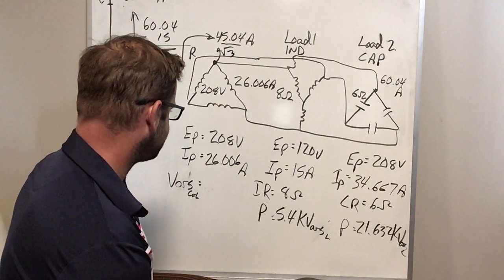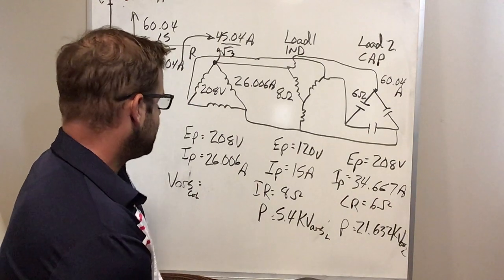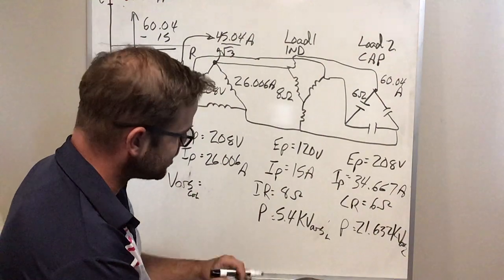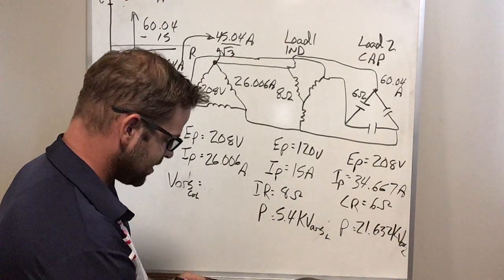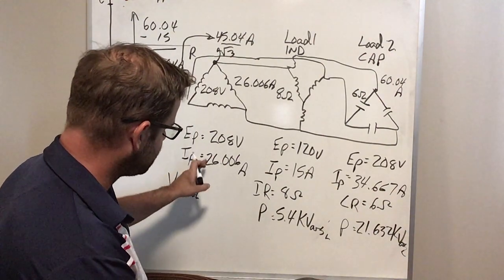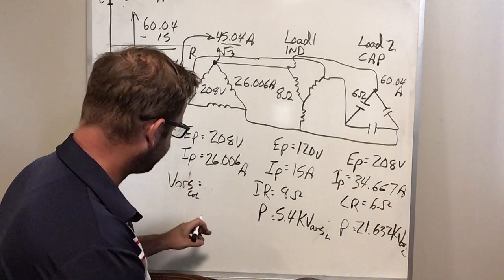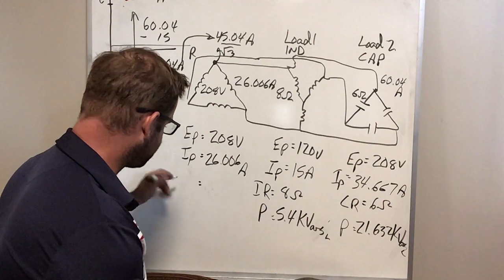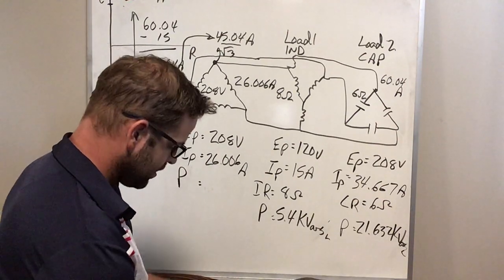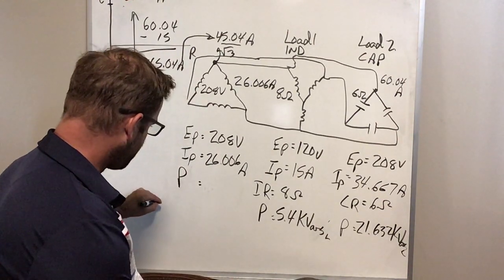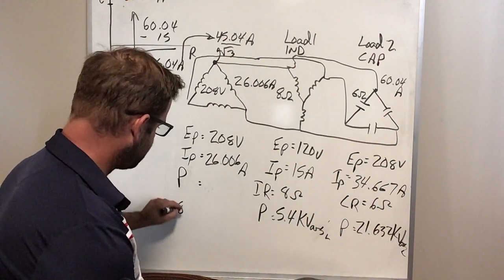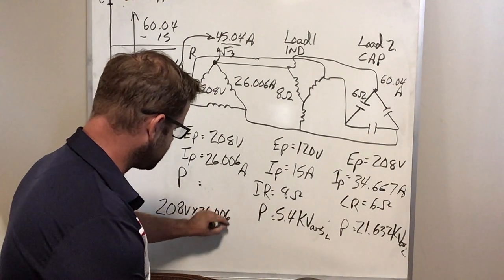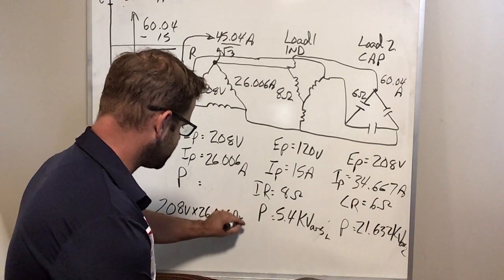I do apologize for that. So now that we're past that, what I wanted to show you is that if we take these values and we go to calculate what our total reactive power is, we do 208 volts times 26.006 amps times 3.